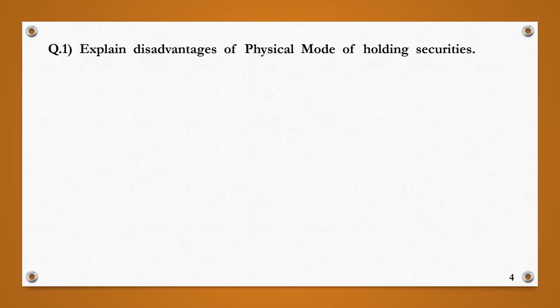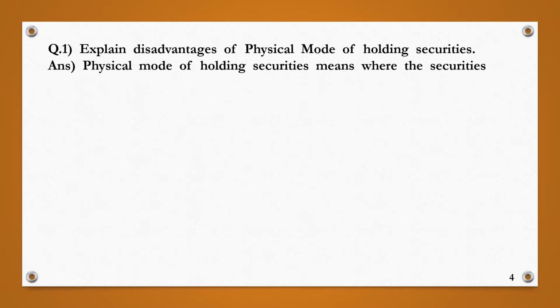Let us begin with the first question, that is explain disadvantages of physical mode of holding securities. Physical mode of holding securities means where the securities are held in the form of paper certificates.